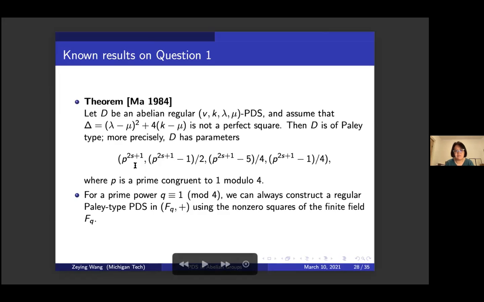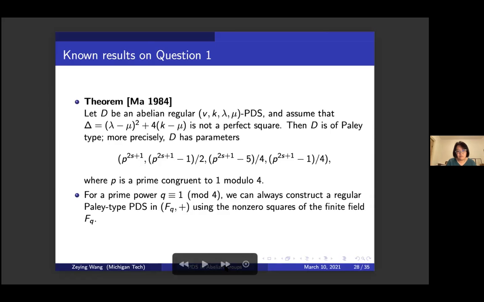So if delta is not a perfect square, then he knows the structure. Now, another result is, as I showed before, if you have a prime power congruent to 1 modulo 4, because we have the finite field of order q, you can use the non-zero squares to construct a regular Paley type PDS in F_q in the additive group, right?